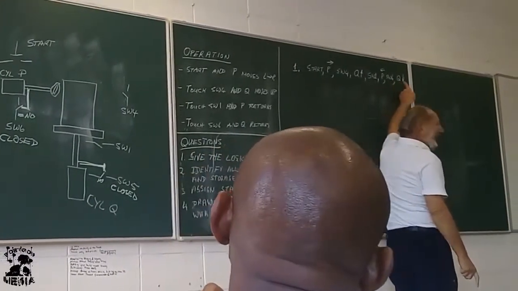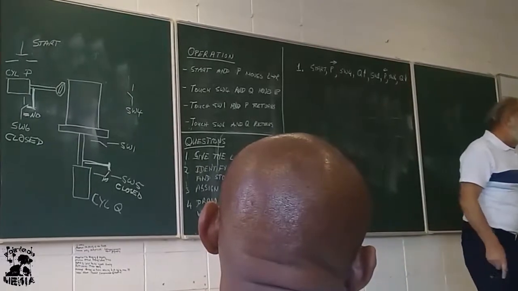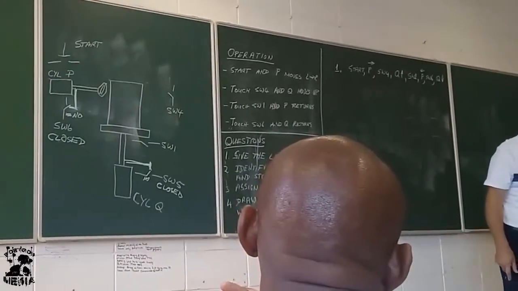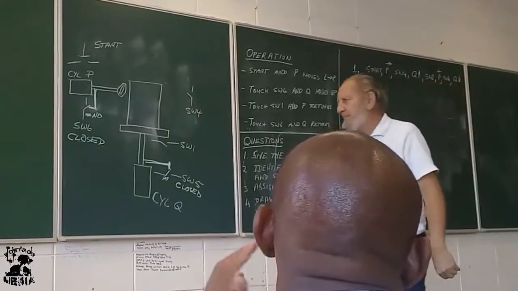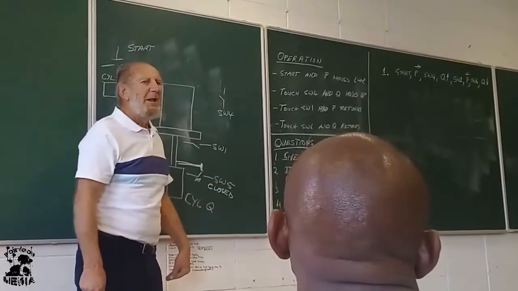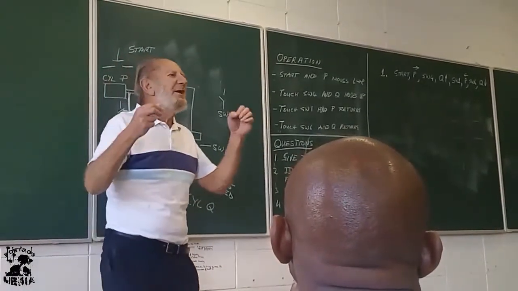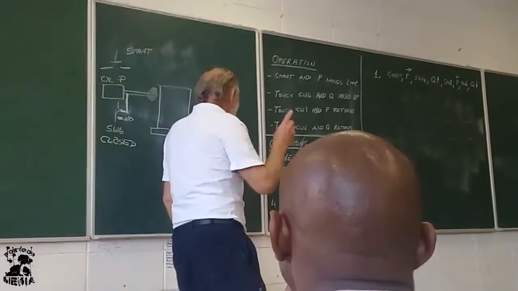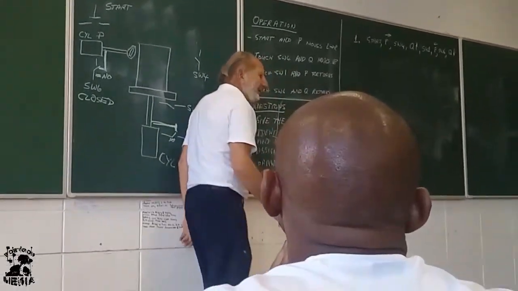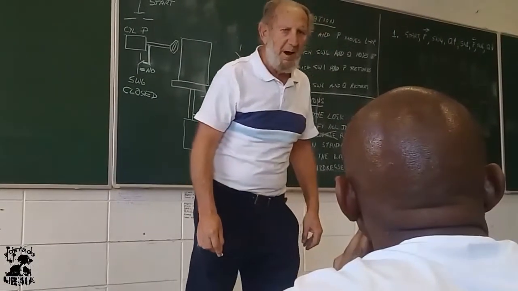Switch 6 will make Q go down. Right? Where is Q in the beginning? It is down. So then there is no problem. In that case, this doesn't exist. There is no storage requirement.